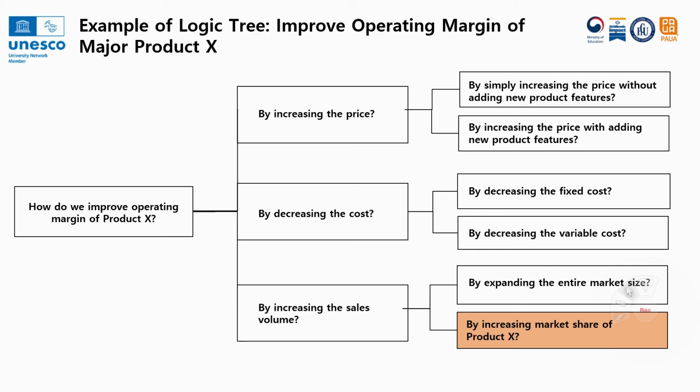But there's another option of improving operating margin. Simply by selling more volume, we can improve operating margin of product X, even though operating margin percentage is the same. That means we still sell our product at the unit price of $100, and the cost is $80 per unit, but we may increase our sales.